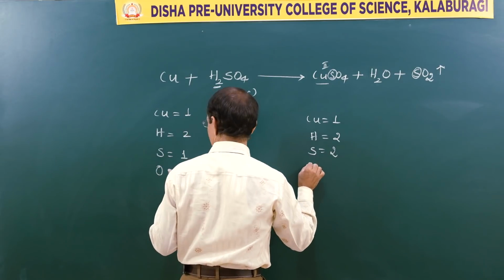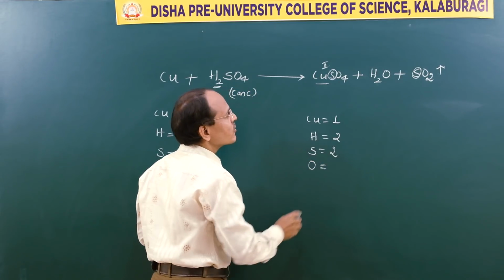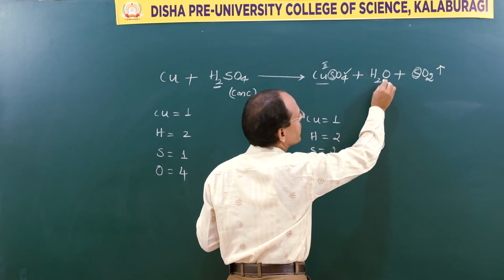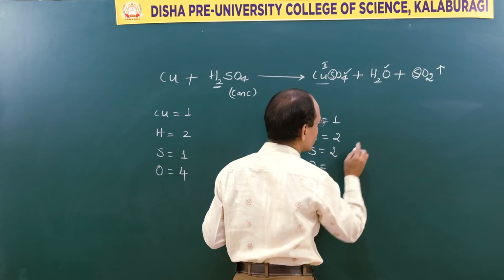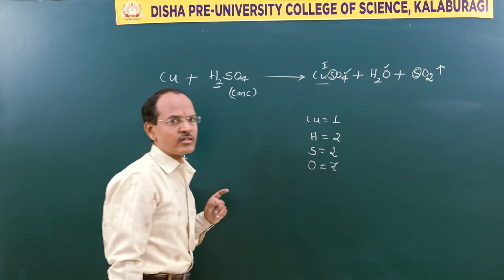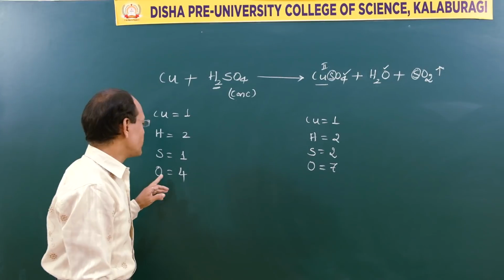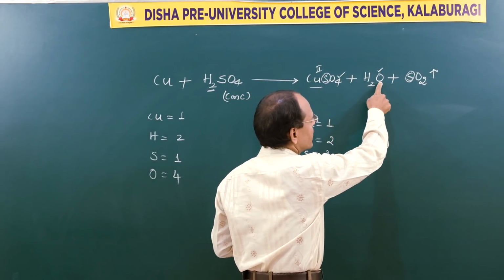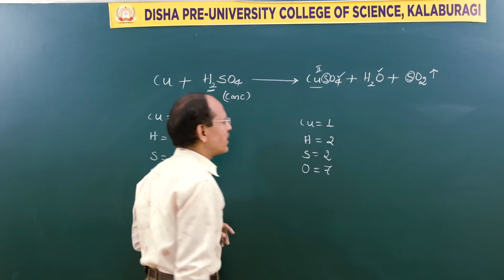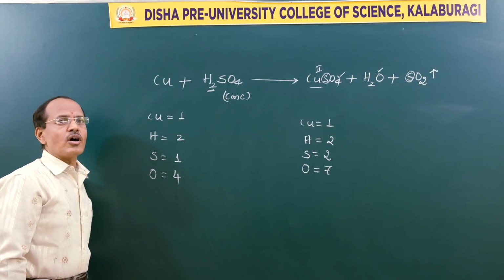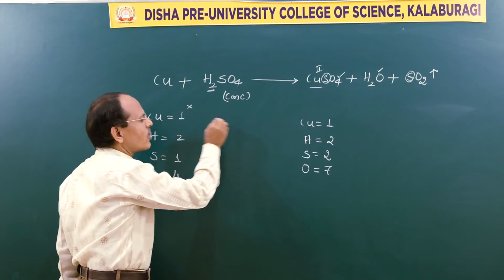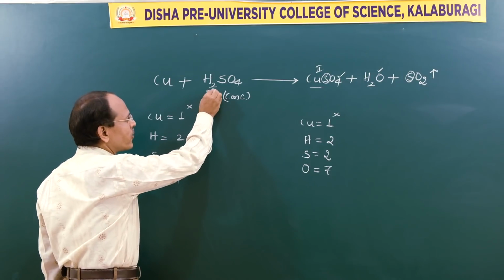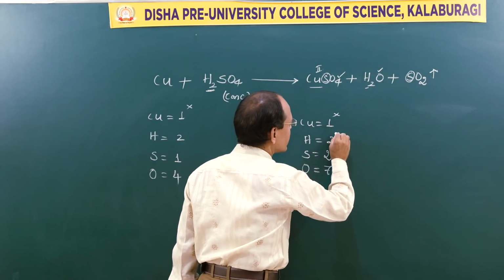Then oxygen: 4 plus 1 is 5, plus 2 is 7 oxygen atoms, but here it is only 4. Copper, no problem, because it is already balanced. Hydrogen also is balanced.